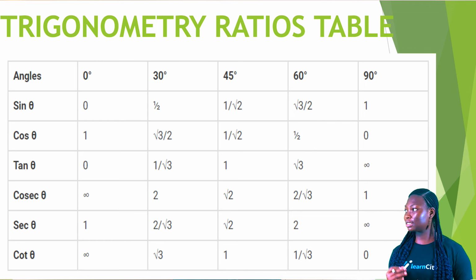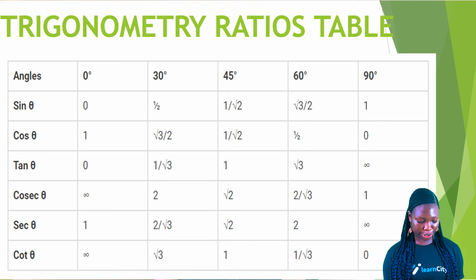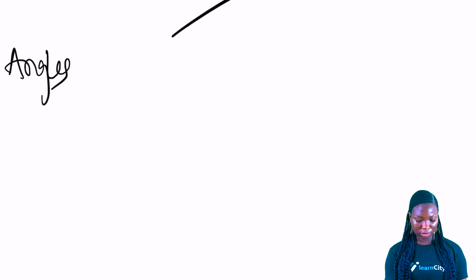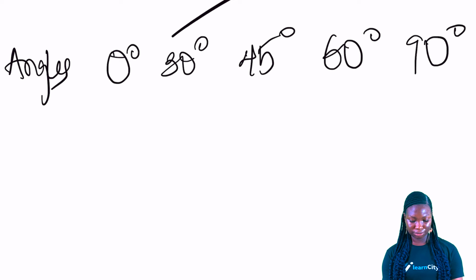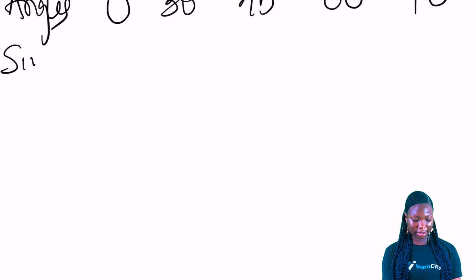Moving to the ratios table, we have the angles 0 degrees, 30 degrees, 45 degrees, 60 degrees, and 90 degrees, where we have sin, cos, tan, sec, cosec, and cot.